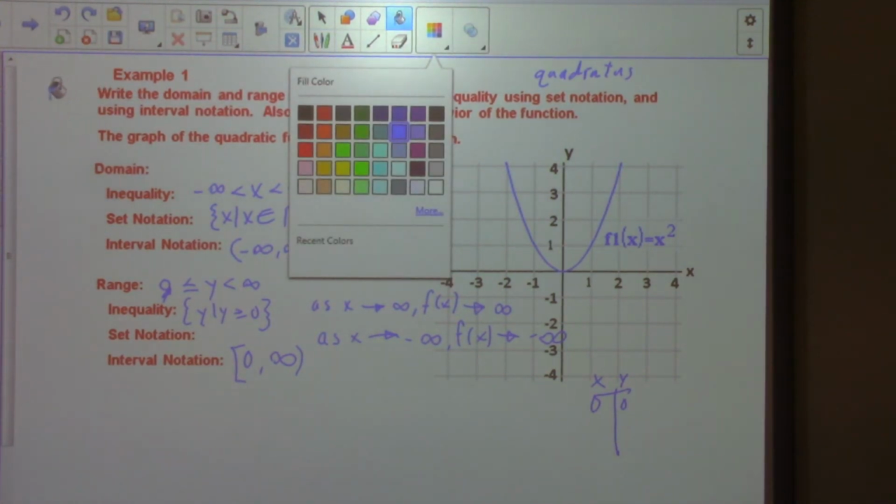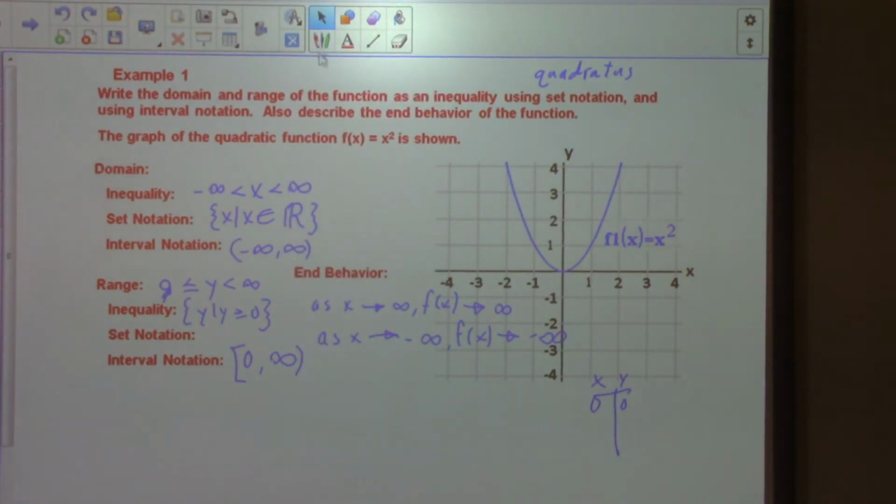So as x goes like this, what happens to the y values? Are they increasing or decreasing? They decrease? No, they stay the same. The y values? Yes.